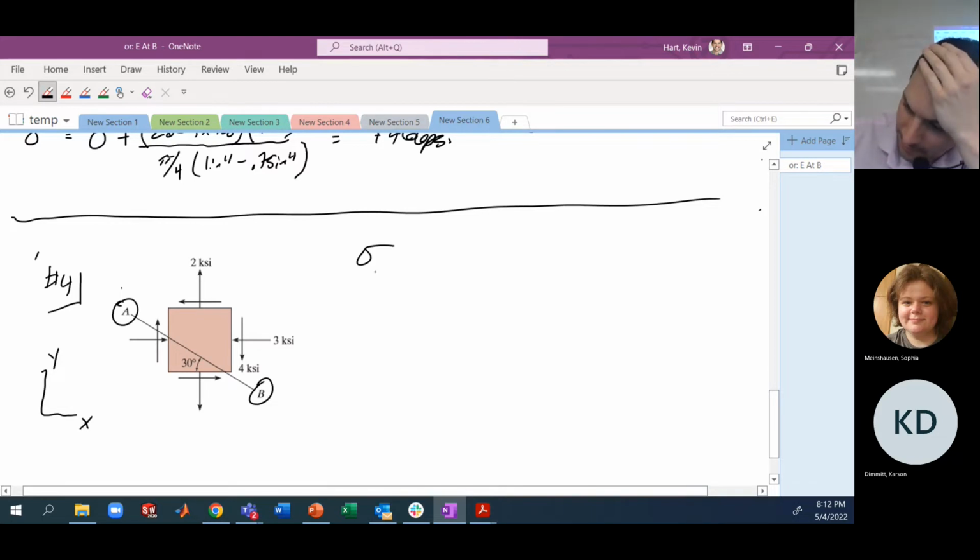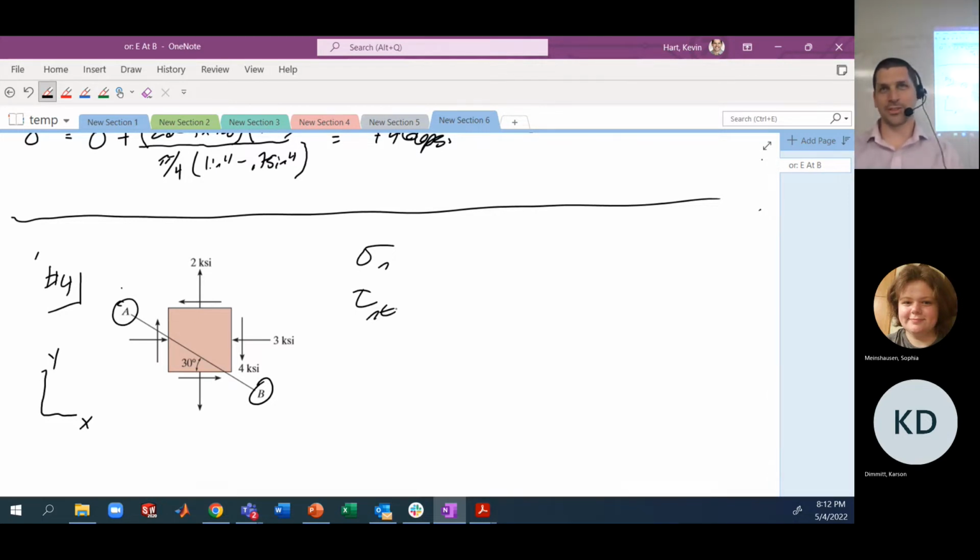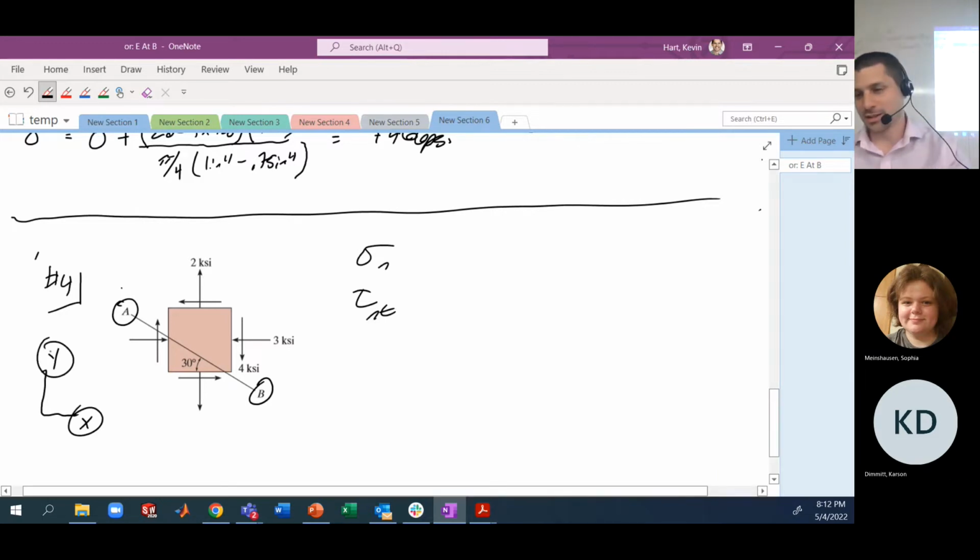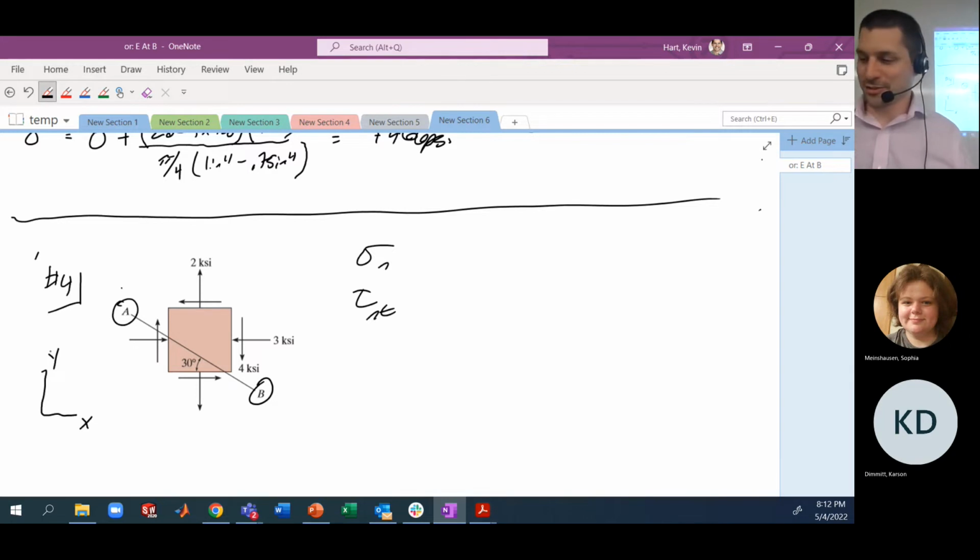We would typically label that as the NT shear stress, normal transverse shear stress on this inclined plane. And to get there, we're just going to use stress transformation equations from the XY coordinate system that we've defined to some coordinate system related to this ramped surface.